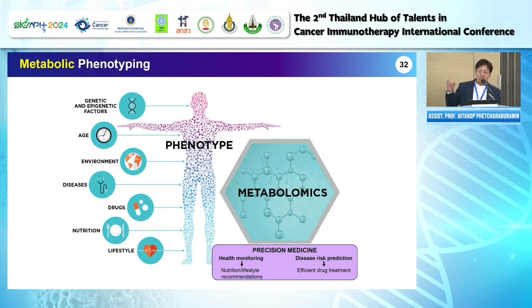All of these factors contribute to the transient and quick alteration of the metabolites in both concentration and types. So metabolite changes can reflect into two arms. One is health monitoring, which helps track the changes of the phenotypes, and the other is risk prediction as well.